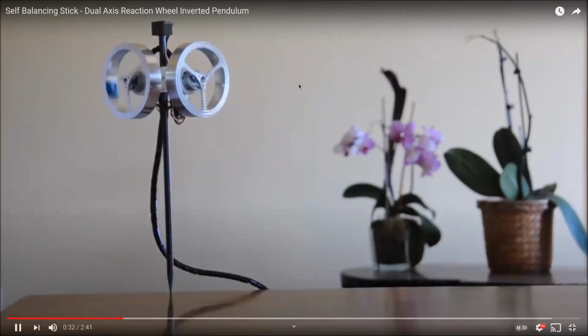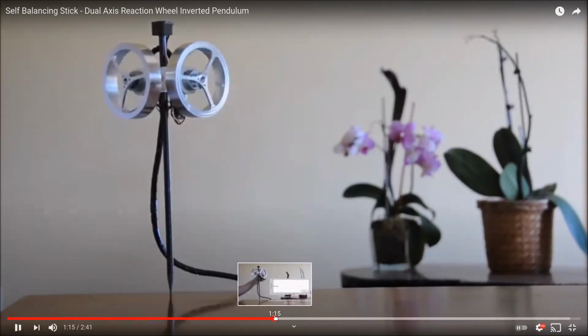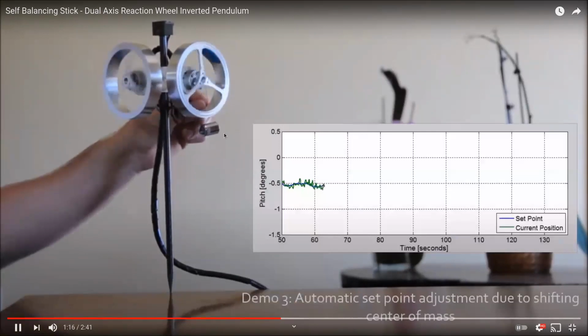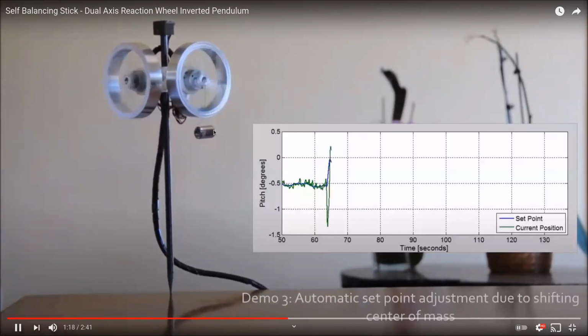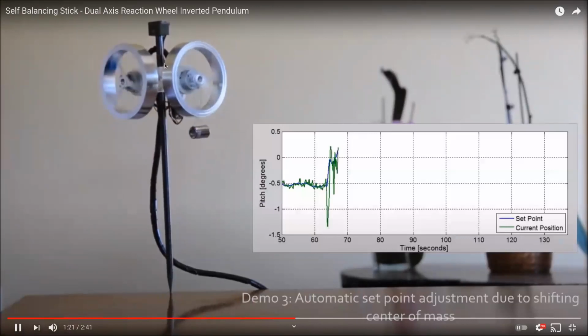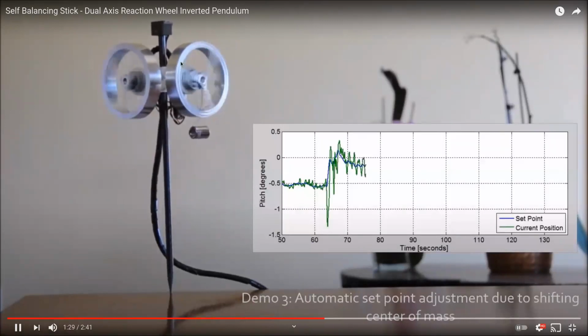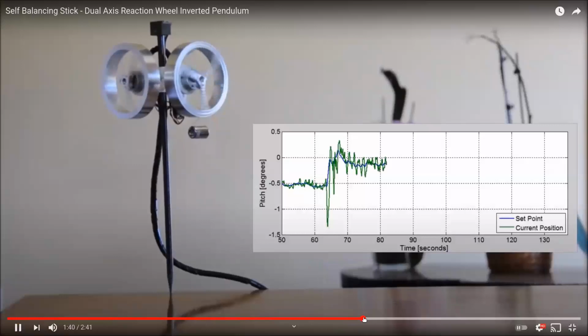And you'll see that even when we perturb the stick, let's see, perturbation should be, or here we attach a weight, then the reaction wheels will spin in a way that the overall desired vertical position of the stick is maintained.